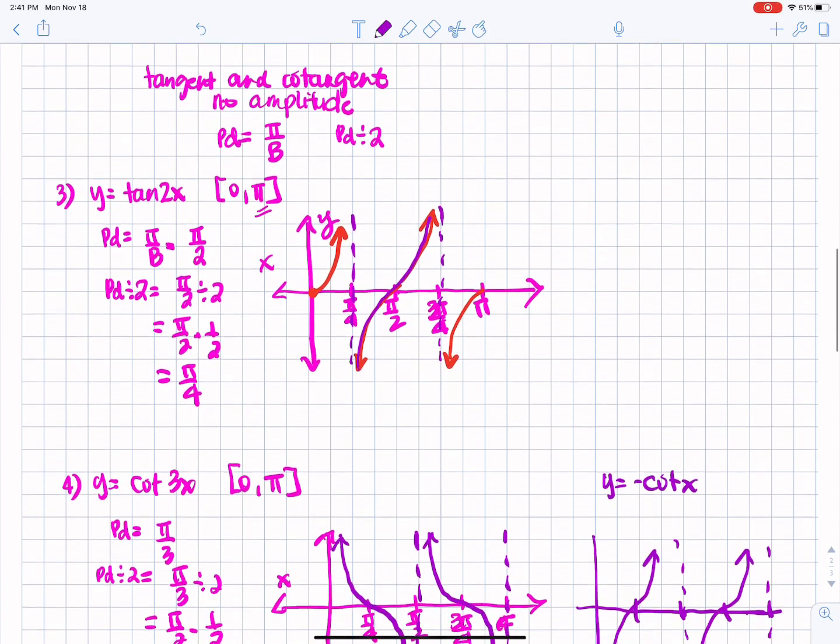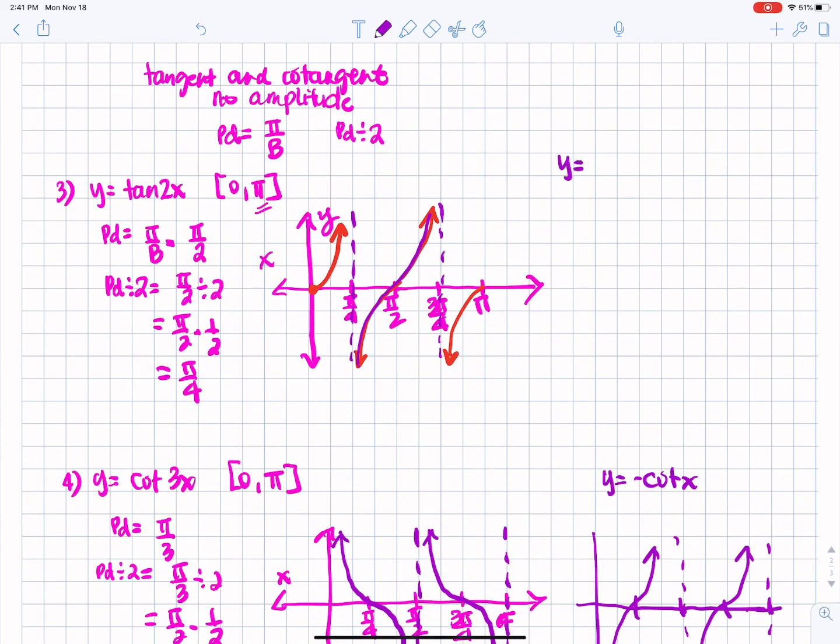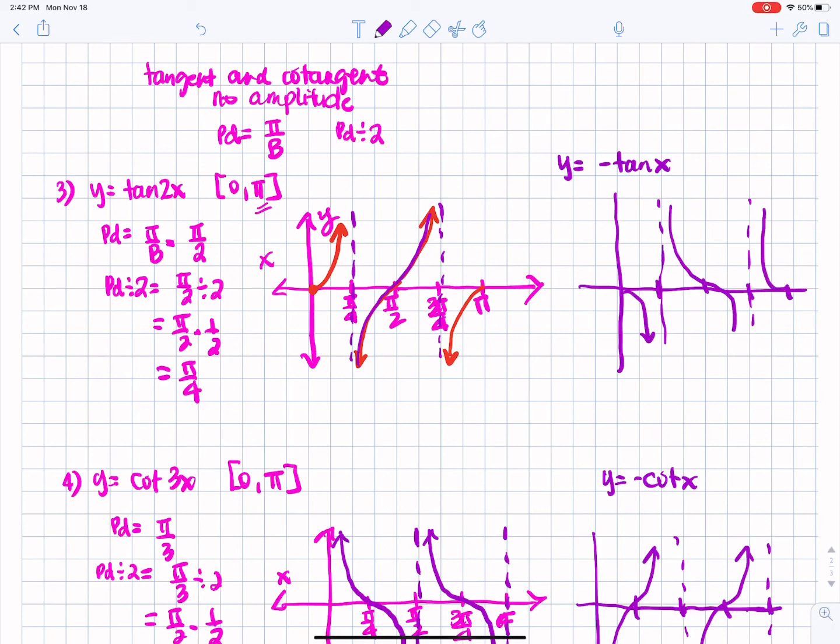And likewise, if you're given negative tangent, how would it look? It'll look like cotangent. Your asymptotes are on the odds. So it'll be down. We're going to do the opposite of number 3, and then it'll be up, down, up, stop, if it was negative tangent.